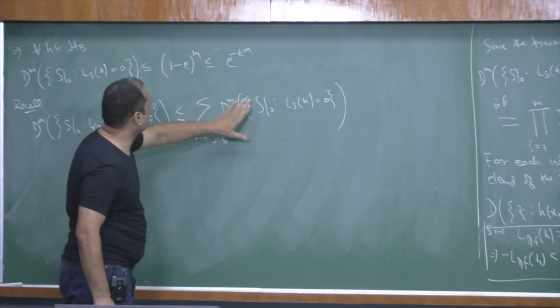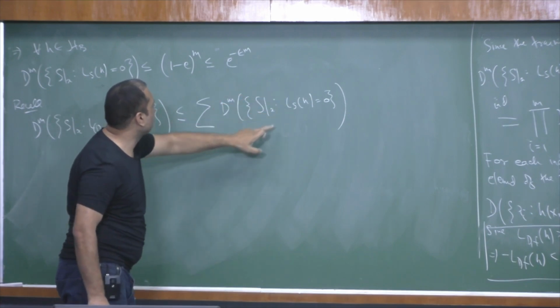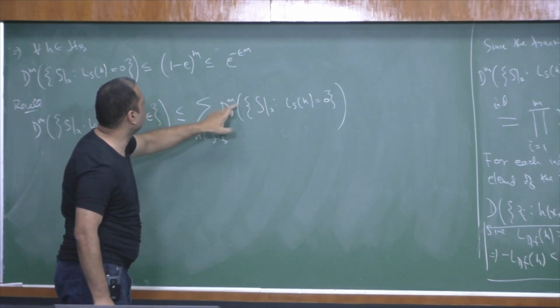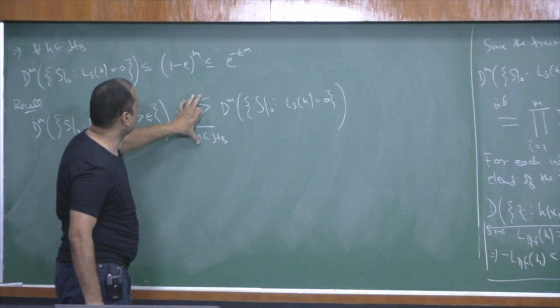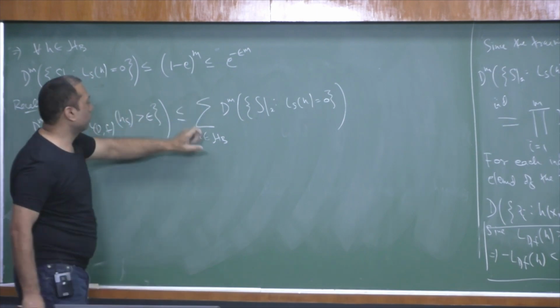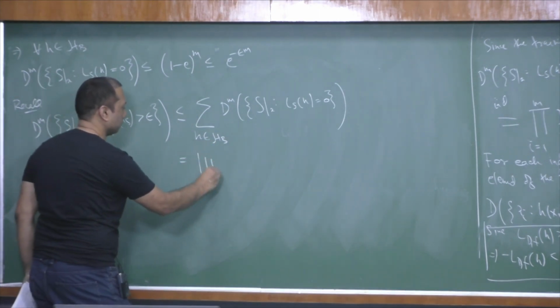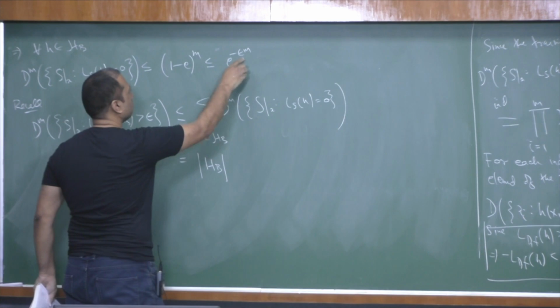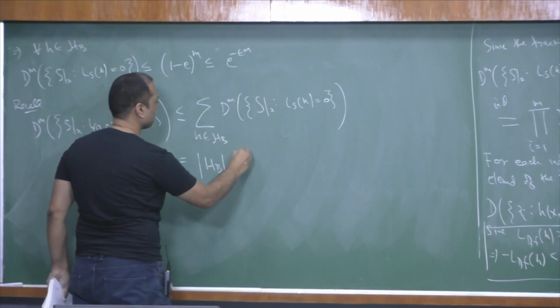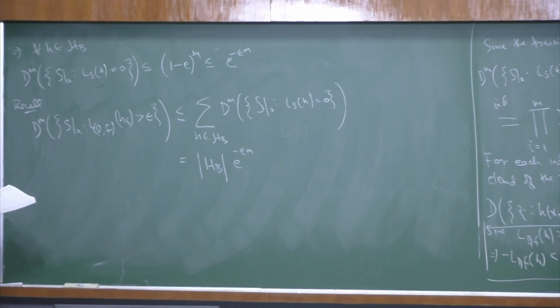So what we have bounded is this guy, e to the minus epsilon m, and we are summing this over HB. So hence it will be the size of HB times e to the minus epsilon m. Okay, that's our final bound.